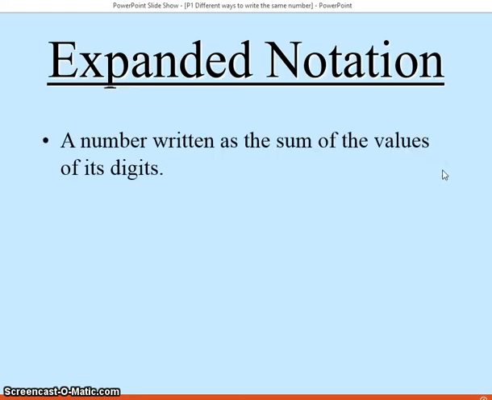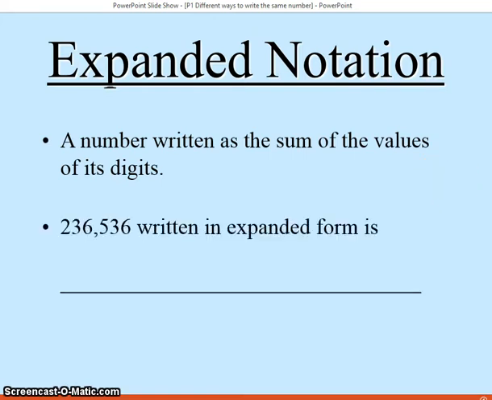Expanded notation is when you write the number as a sum of the values of its digits. Each number has digits. Here is an example of a number in standard notation. It is written using 6 digits.